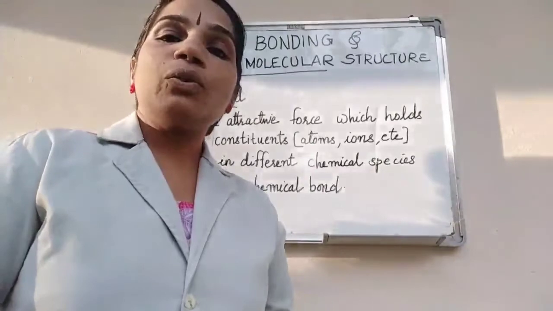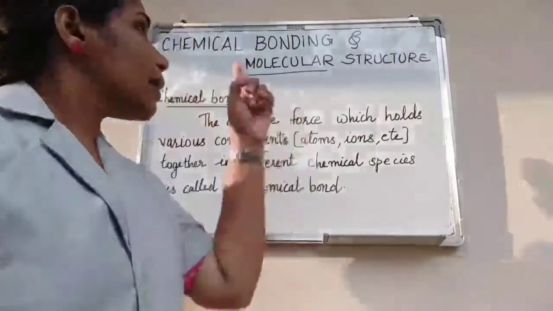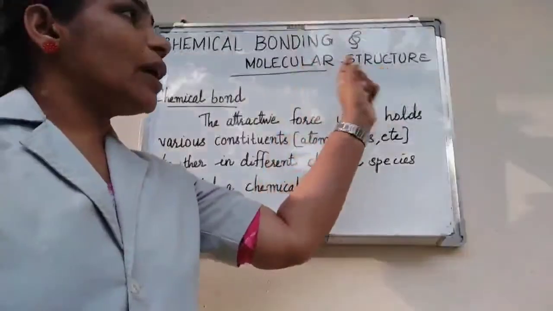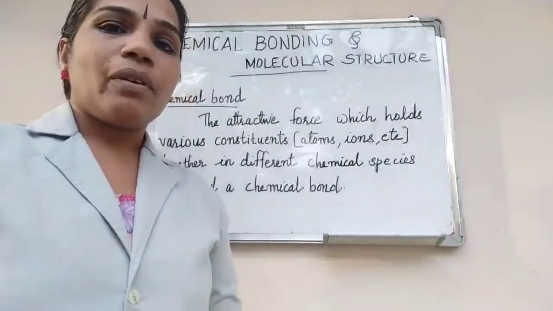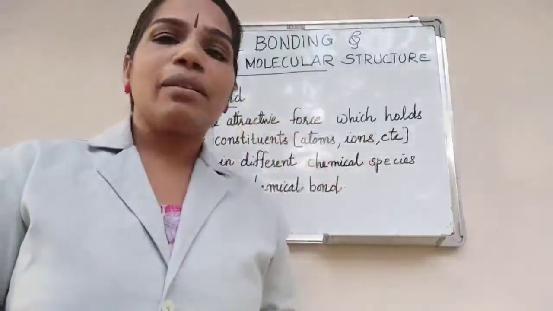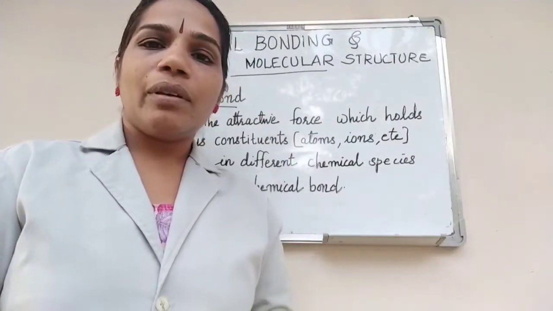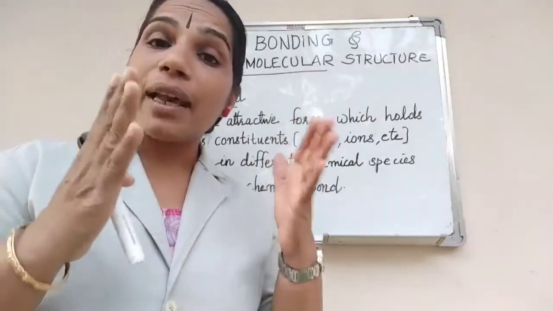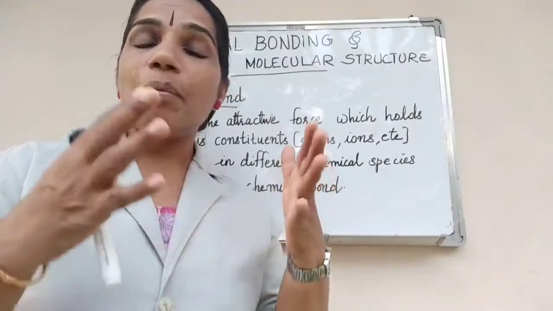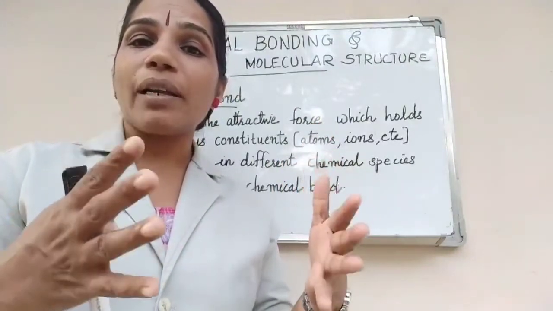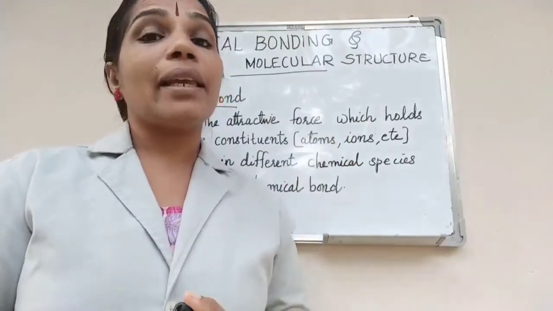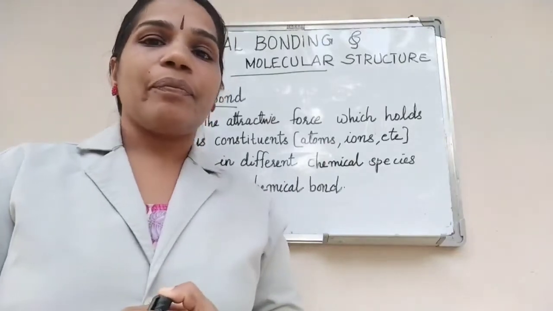Today I am going to start the next lesson, chemical bonding and molecular structure. What is a chemical bond? We simply say bond. A chemical bond is the attractive force that binds the constituent particles together in a chemical species.